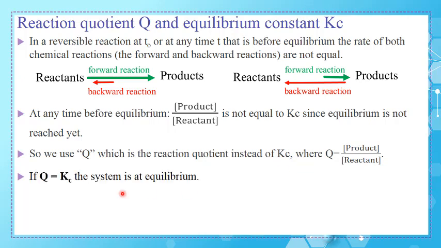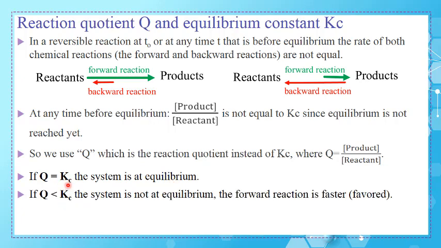Now, if Q is equal to Kc, the system is at equilibrium. If Q is smaller than Kc, then the reaction system will move in a way to increase Q in order to reach equilibrium. So how do we increase Q for Q to be equal to Kc? Look at the Q relation. Q is equal to the concentration of the product over that of the reactant.